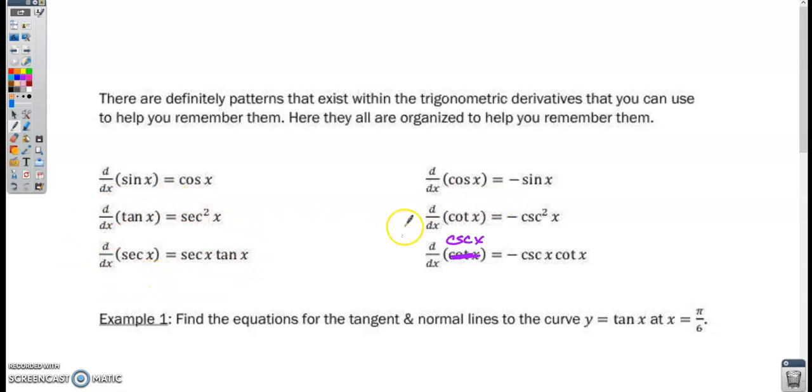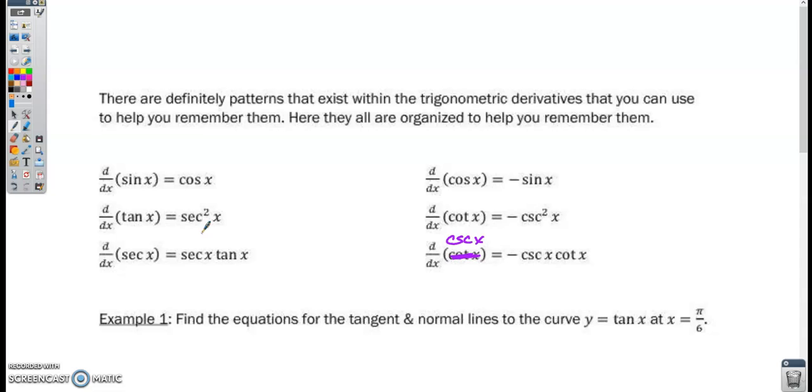The derivatives of cotangent and cosecant are tied together. If you take the derivative of the tangent, the derivative of its cofunction is the opposite of the cofunction of the derivative of tangent. So there are all sorts of patterns here that you can see, and so hopefully that will help you to remember some of these derivative rules.